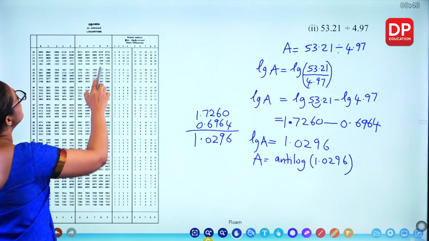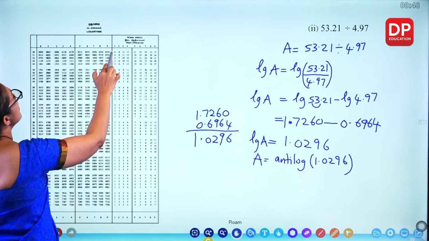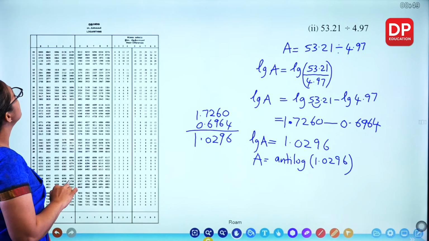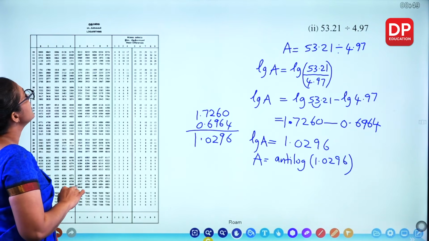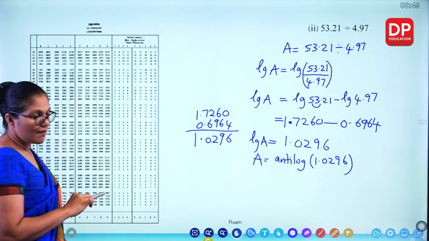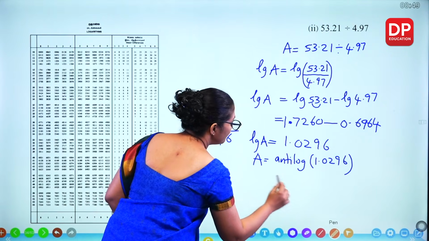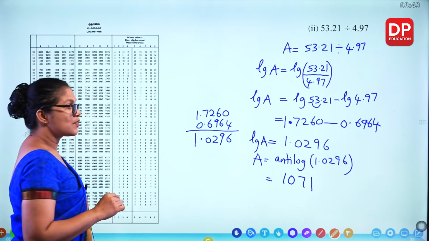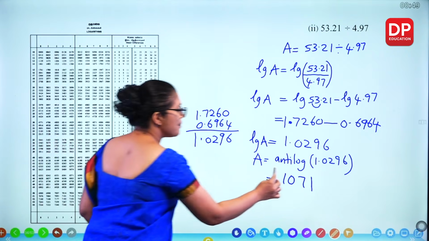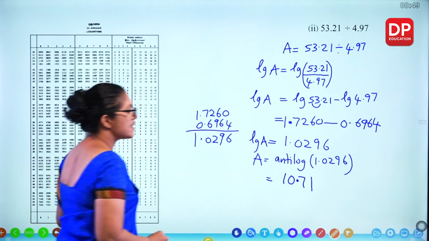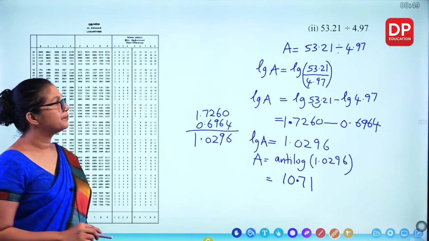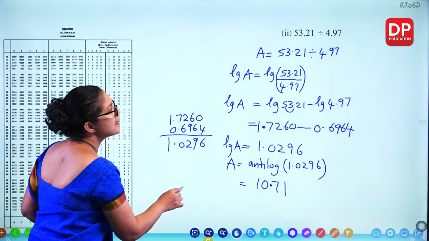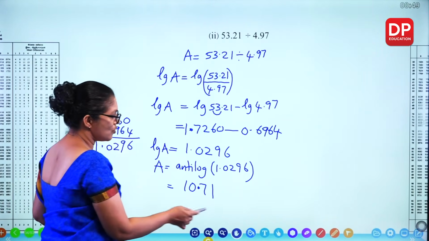So the minimum is here 4. You have to add 1 to that. So 10, 7, 1. So the characteristic is 1. What's the number? 10.71.